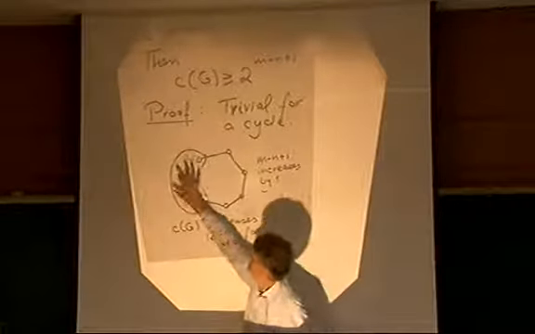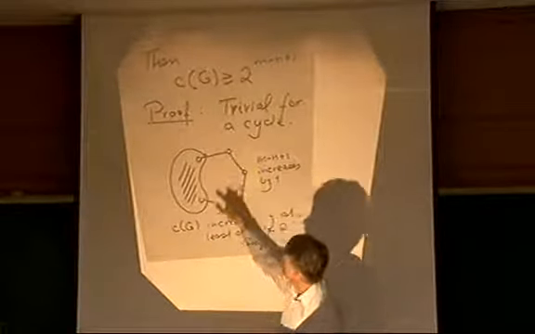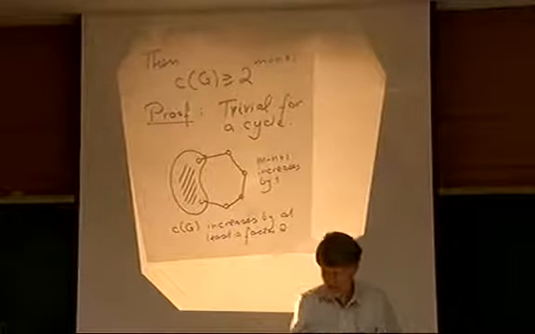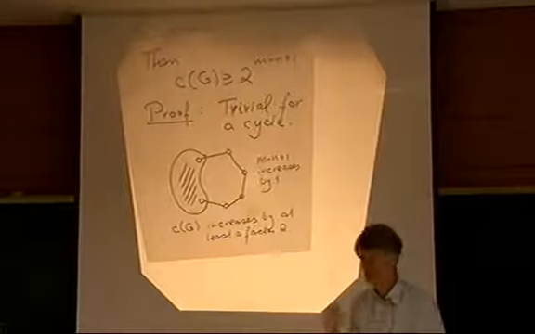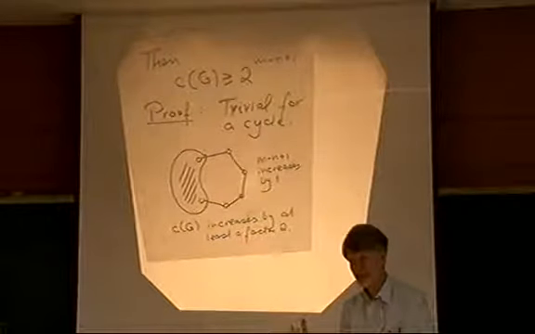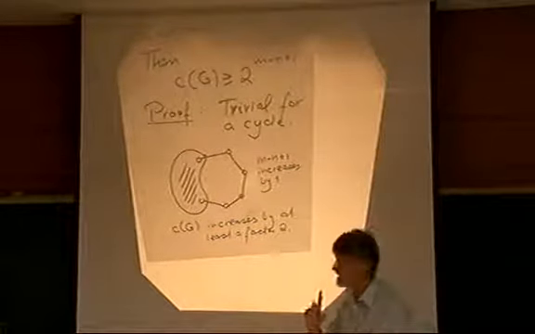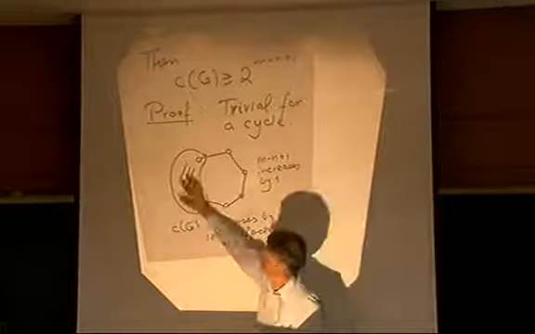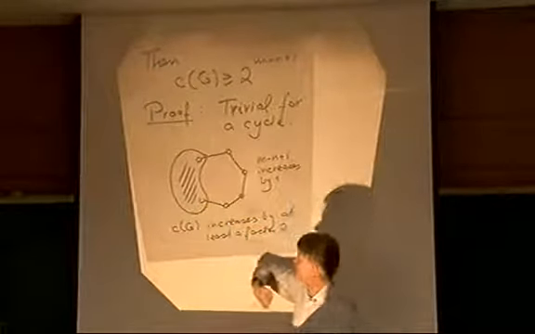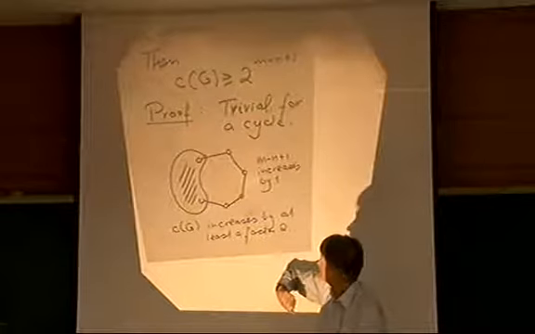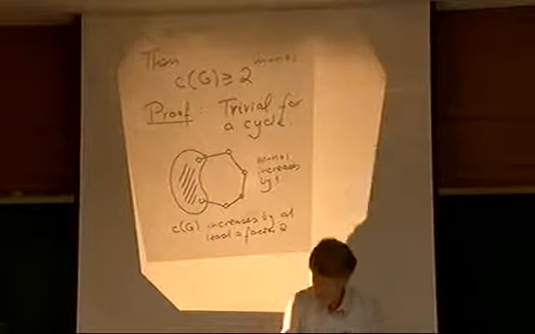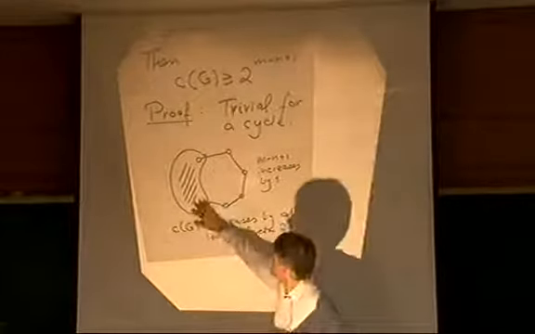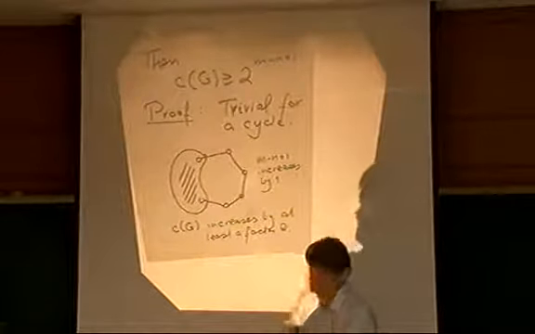So this means when we go from here to here, the number of totally cyclic orientations is at least doubled. Maybe it's more than doubled because I don't have to start with a totally cyclic orientation here. But therefore I can say that the number of totally cyclic orientations at least doubles when I do this.